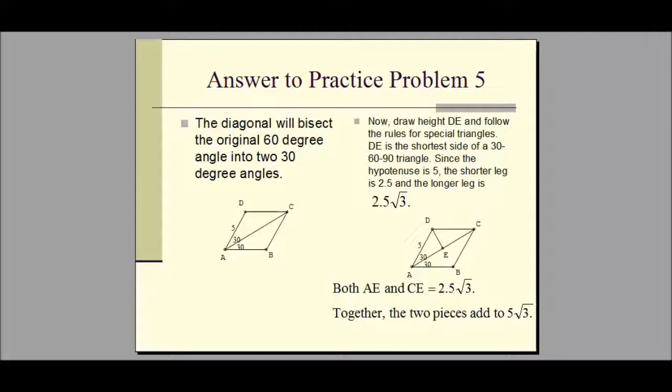DE is the shortest side of a 30, 60, 90 triangle. Since the hypotenuse is 5, the shorter leg will be 2.5, and the longer leg, which is AE, will be 2.5 square root of 3. Both AE and CE equal 2.5 square root of 3. Together, the two pieces add to 5 square root of 3.